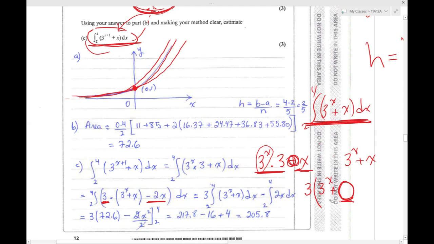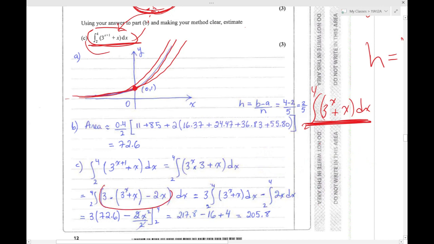In other words, let me go backwards. If I want to expand this, what would I get? I'm going to get 3 times 3 to the x plus 3 times x minus 2x. Now 3x minus 2x is going to give me 1x. So this is 3 times 3 to the x plus x. So this is this one.